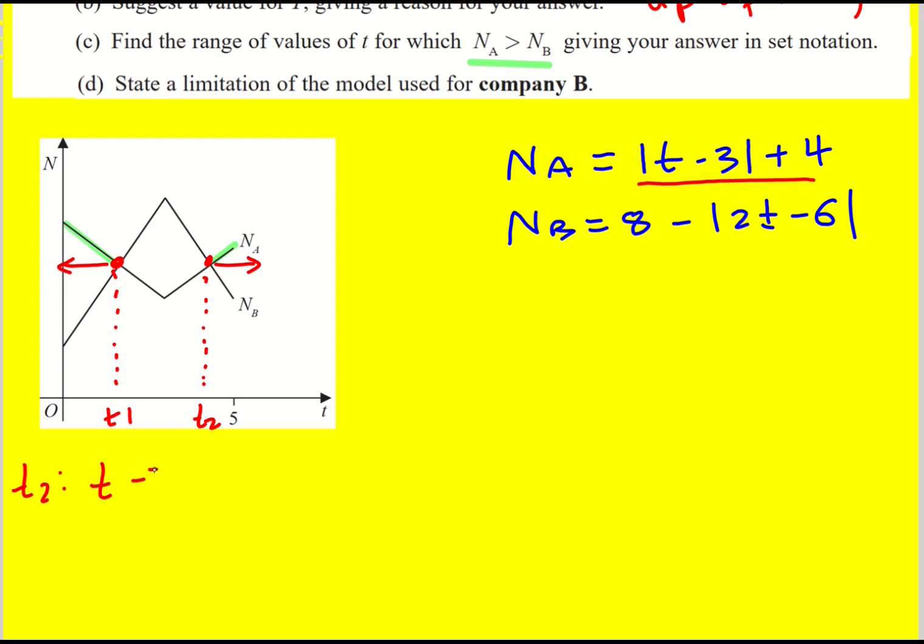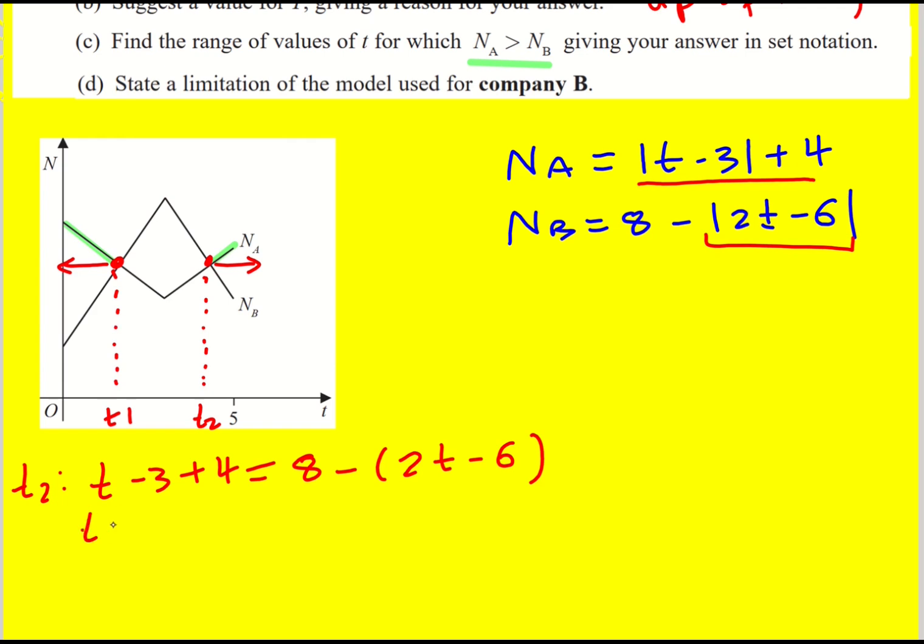I'm just going to get t minus 3 plus 4. And then for this one over here, when t is beyond 3 as well, the 2t minus 6 is positive, so again it won't do anything. So it will become 8 minus bracket 2t minus 6. Whatever we put in here, if say t is 4, for example, we get 8 minus 6, 2. The modulus of 2 is just 2, so you just ignore it.